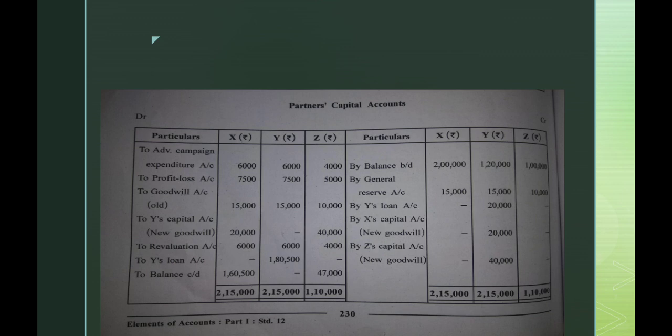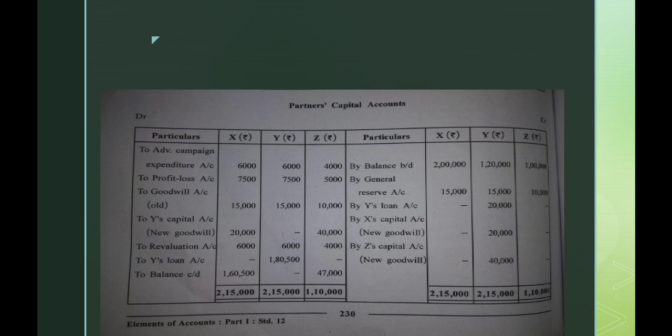Now the question arises that when is the amount to be paid in cash and when is the amount to be kept as loan. In your given question, if you are not instructed clearly anywhere in the entire question that the amount is to be paid in cash to the retiring partner, at that time you have to always keep it as a loan.